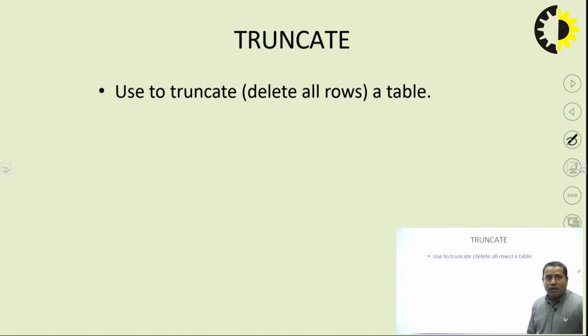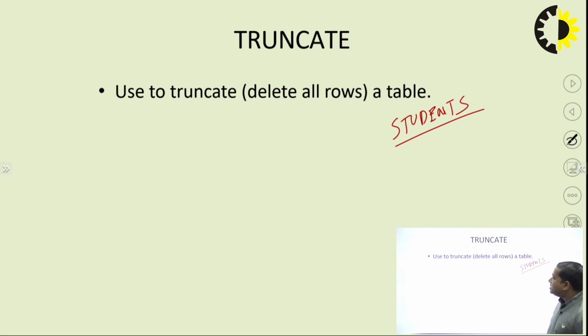Now, what is truncate used for? Truncate is used for deleting all the records existing in a relation. For example, after performing certain DML operations, we have inserted several records in our students table, and those records are maintained in our database.